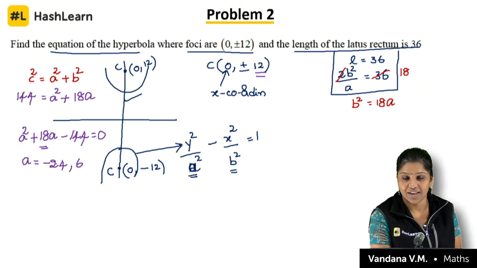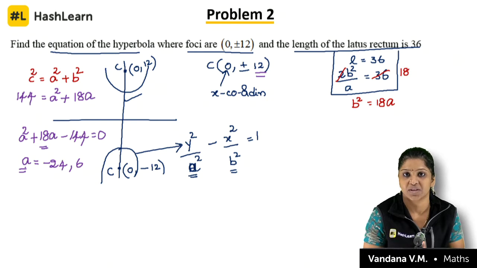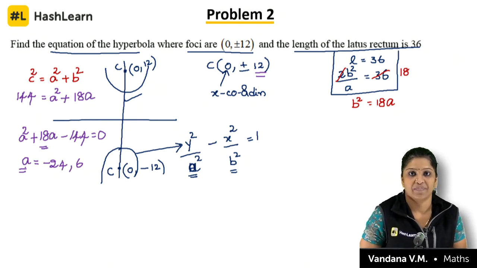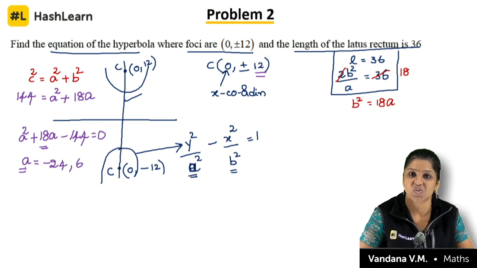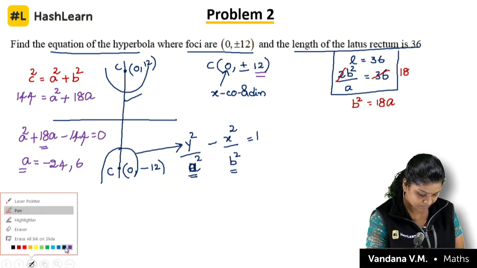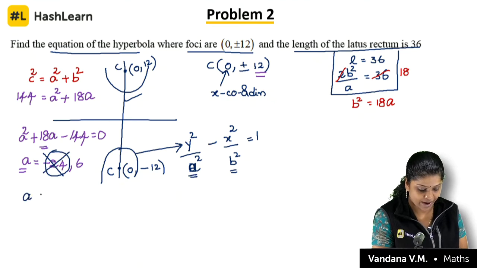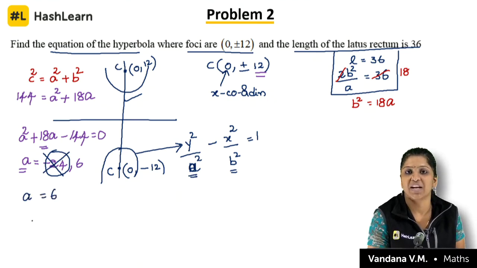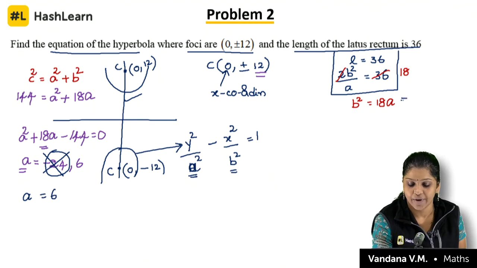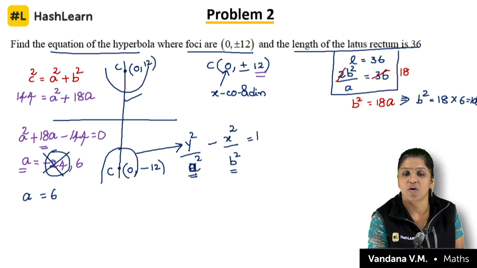I told you already, the length of the a is nothing but the length of the semi-transverse axis. Length means 2a. Length of the transverse axis is 2a. Semi means half of it. So, it should not be negative. So, a value is 6. Now, it is very easy to find out the b value because b square is equal to 18 into 6. b square value is 108.